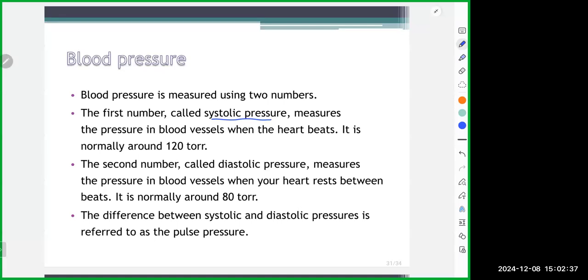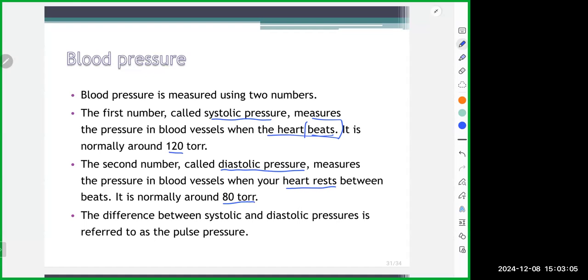This is the pressure in the blood vessel when the heart beats, and it is around 120 torr. Another one is the diastolic pressure. This is when the heart rests. The pressure is around 80 torr.